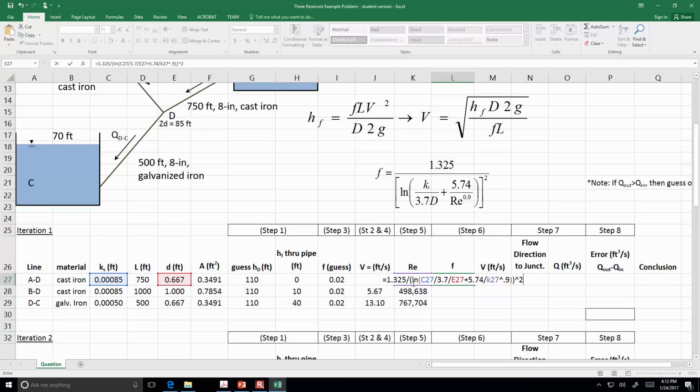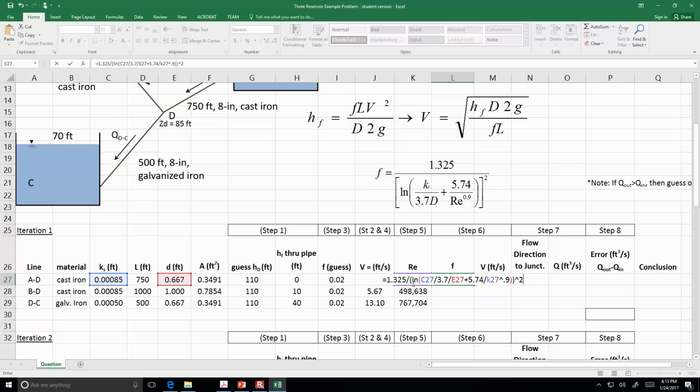The area? Diameter squared by 4. Not sure.